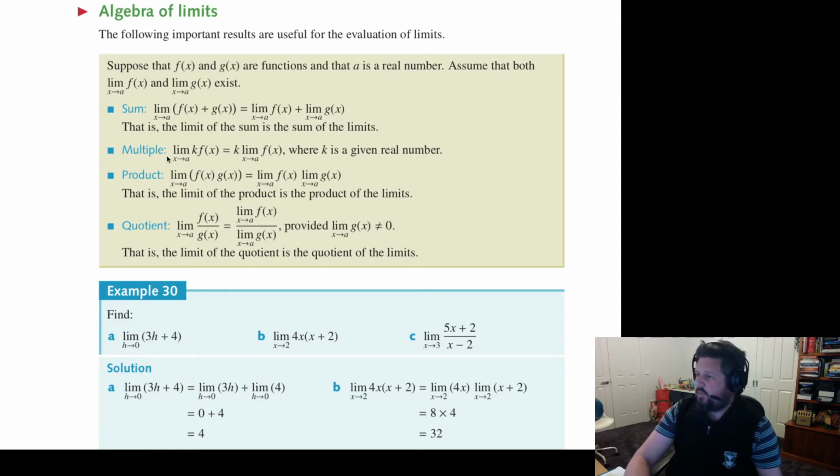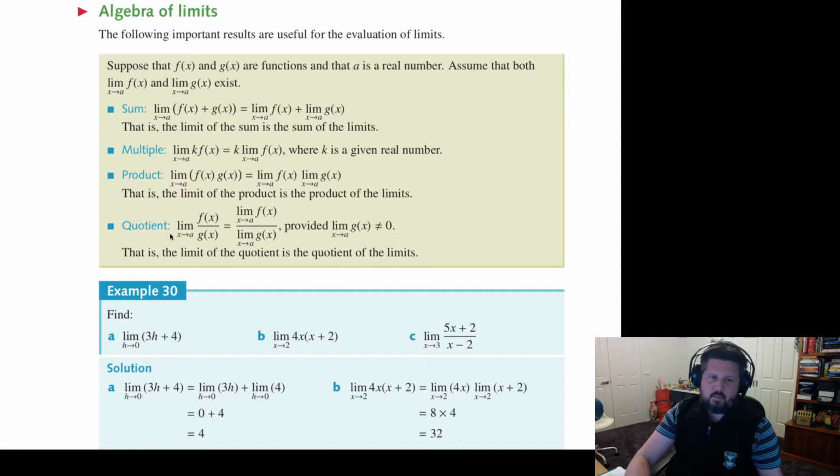With a multiple, if you have to find the limit of k times a function, you can pull that k value out the front and then just evaluate the limit of the function. If you are dealing with a product, that is, if you're finding a limit of a function multiplied by another function, it's the same as finding the limit of the first function, f of x in this case, multiplied by the limit of the second function, g of x.